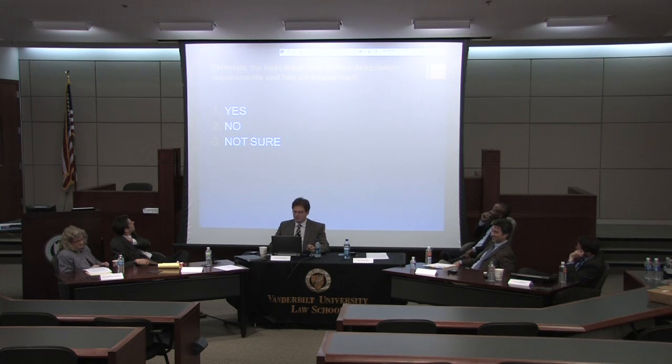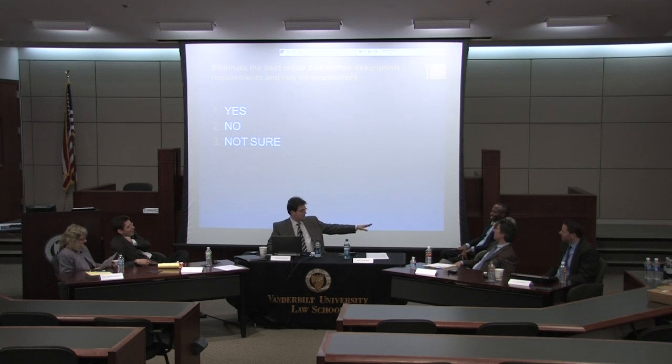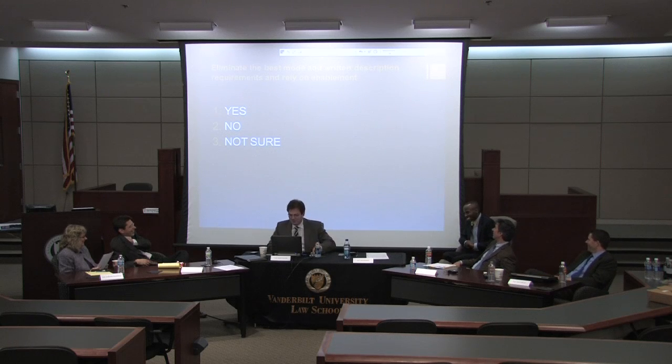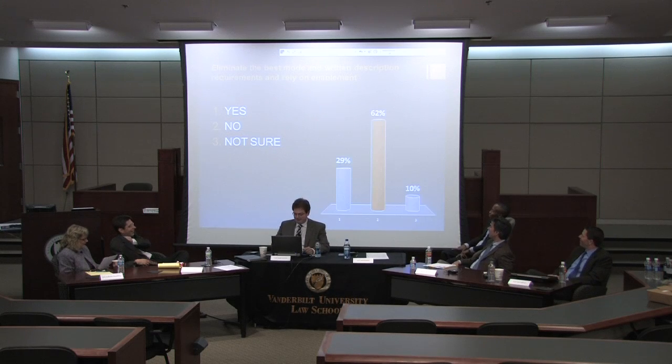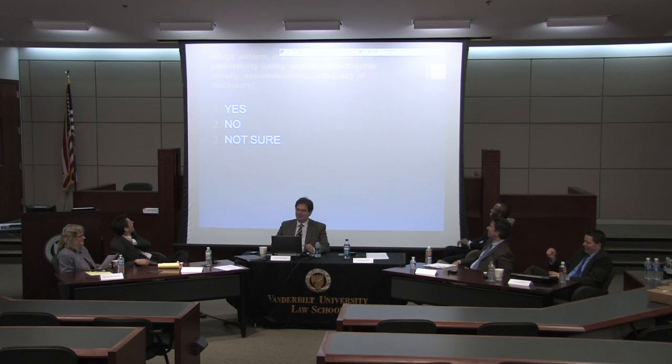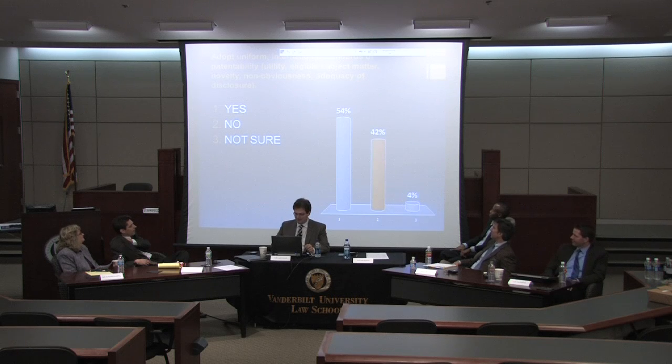The second proposition, we should eliminate the best mode and written description requirements. I know somebody's watching this one with great attention, and rely on enablement. The proposition was defeated 62 to 29. On the third proposition, we just debated, we should adopt uniform international standards of patentability. This one actually made it, 54 to 42.